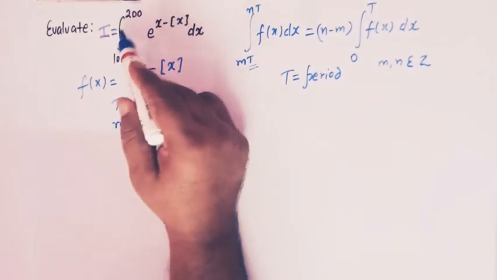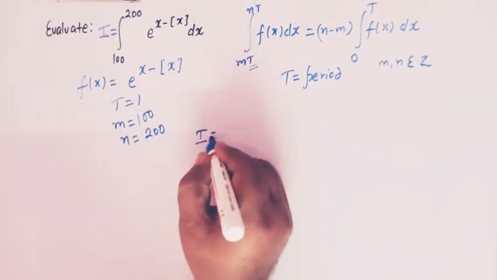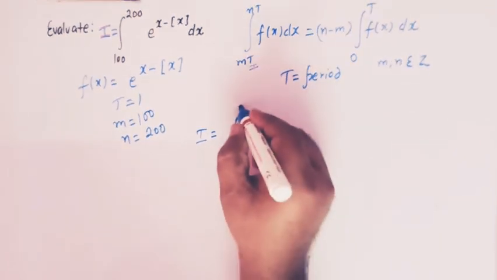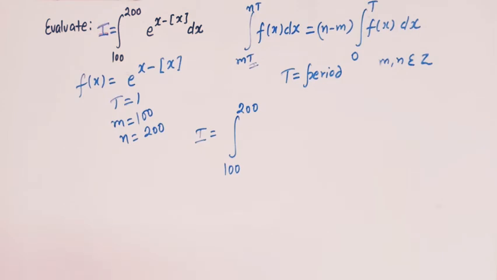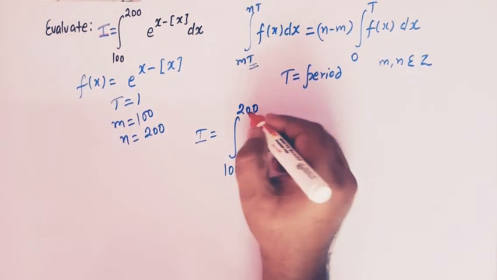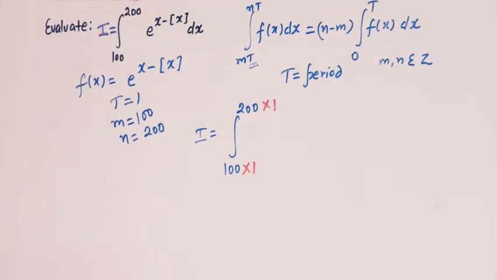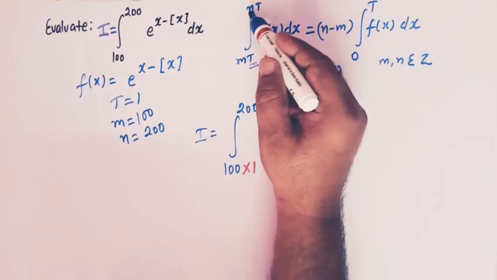Why? Let us see. Now we can rewrite this integral I as the integral from 100 to 200, and 100 can be written as 100 times 1, and 200 can be written as 200 times 1. So it takes the form mt to nt.